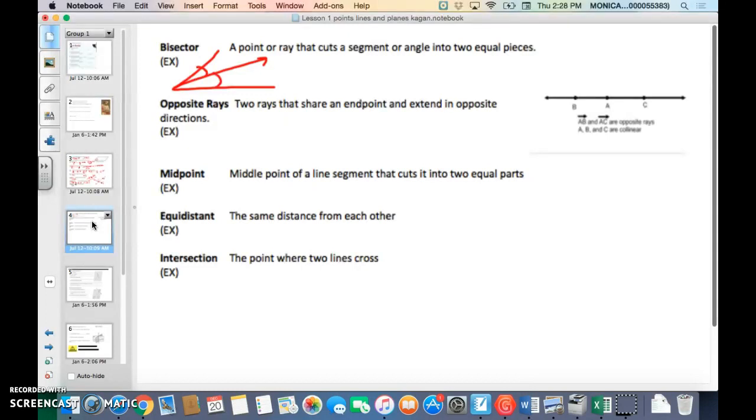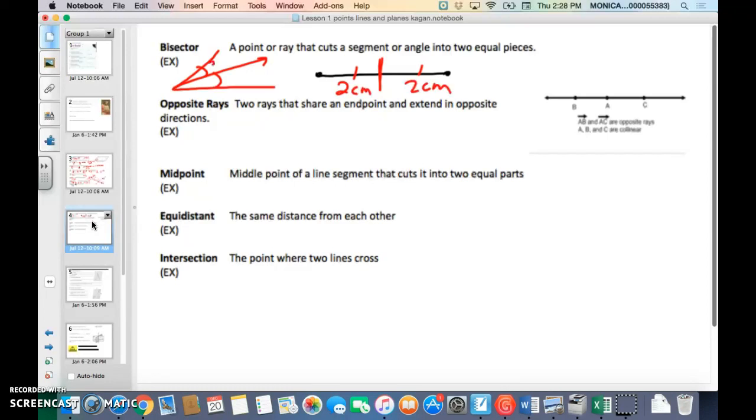You can bisect a line segment. And what that means is if I cut this, let's see, this looks like about in half. That means that this side and this side are congruent. And that's how we mark it. So it basically means like if this side is 2 centimeters, then this side is 2 centimeters.